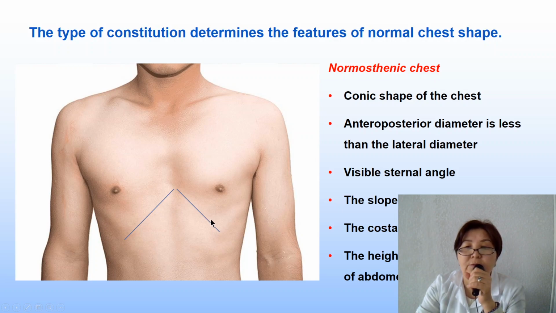The slope of ribs is moderate. The costal angle is 90 degrees. Visible sternal angle is here. The height of the chest and height of abdomen are equivalent.